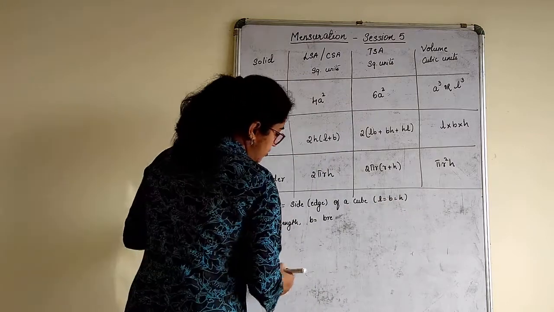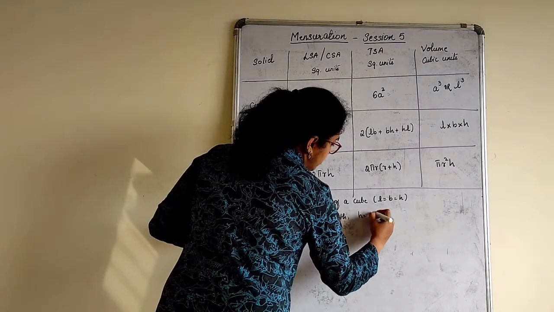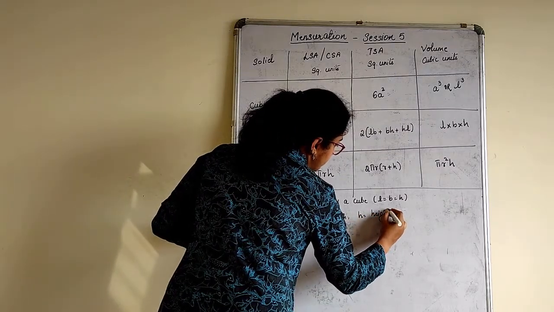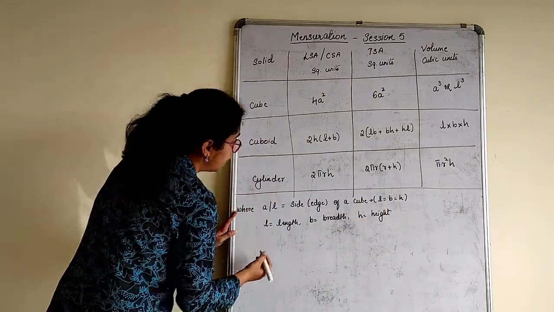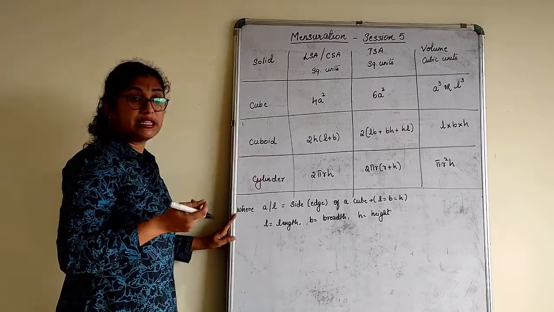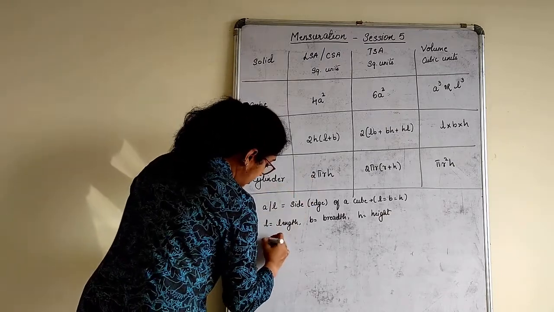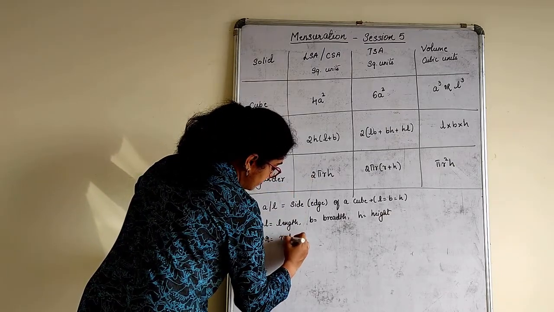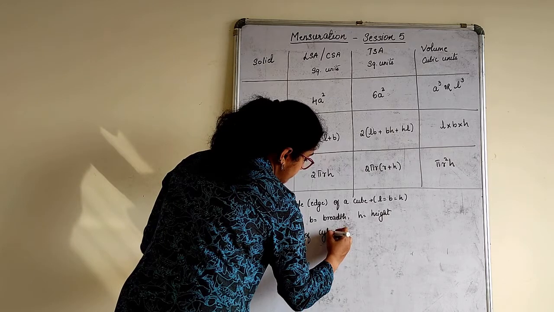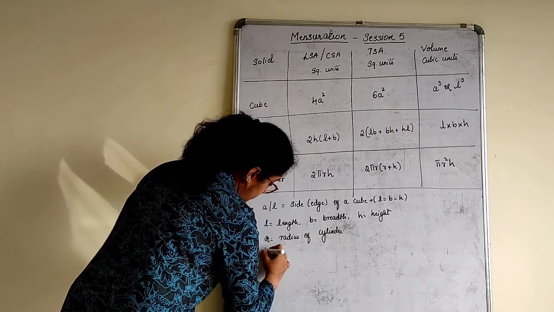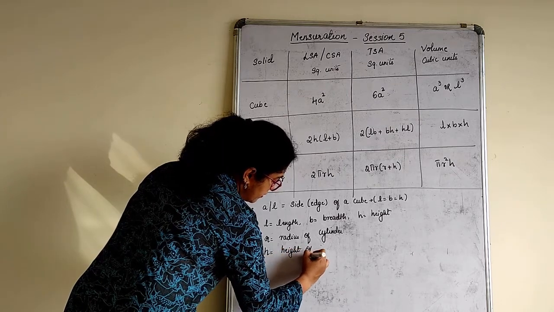That you should know. Next, in a cylinder, pi is the value where we use 22 by 7, or sometimes they will tell you to use pi as 3.14, depending on that. Here r is the radius of the cylinder and h is the height of the cylinder.